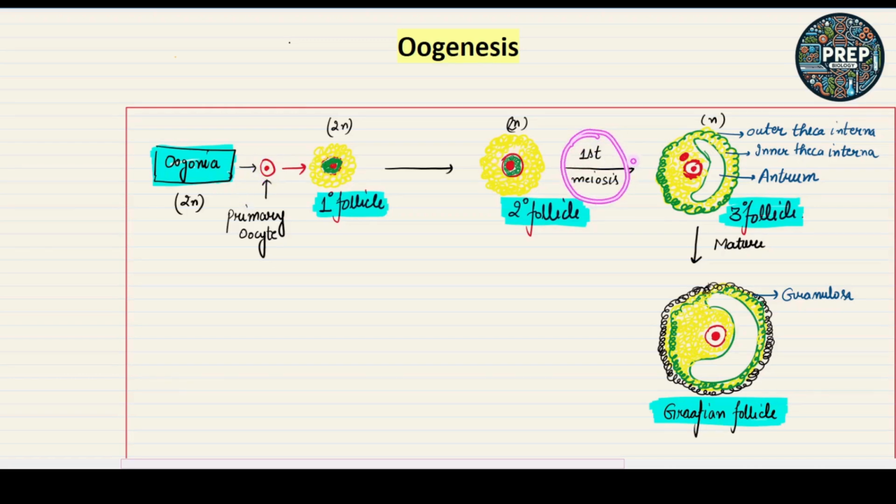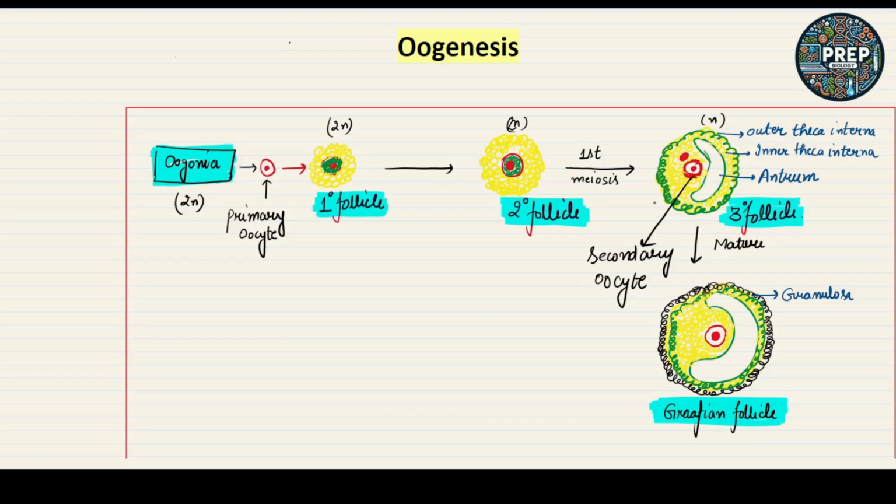will undergo the first meiosis. When the meiosis takes place, this structure is called the secondary oocyte. After the meiotic division occurs in the primary oocyte, these two bodies are formed.